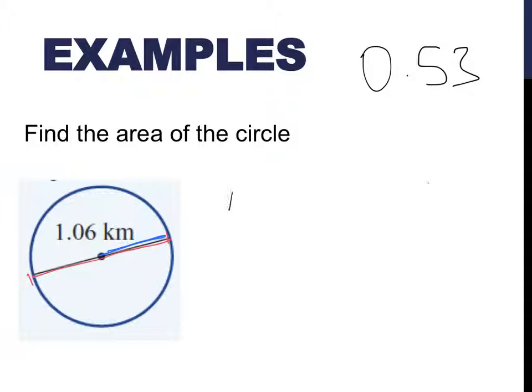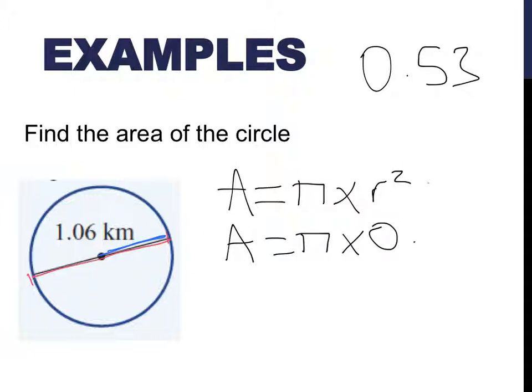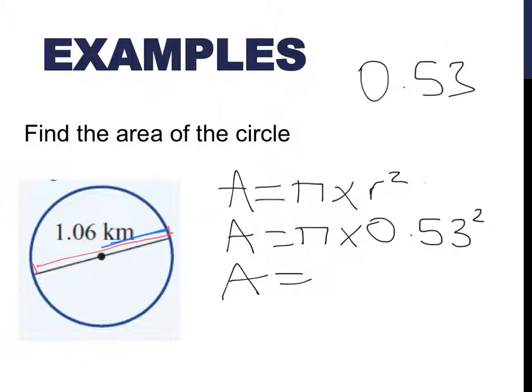Area equals pi times the radius squared. Area equals pi times 0.53 squared. This is the bit I'm judging you on today: correctly giving the answer and rounding it. If I put that into my calculator, I get an answer of 0.8824.